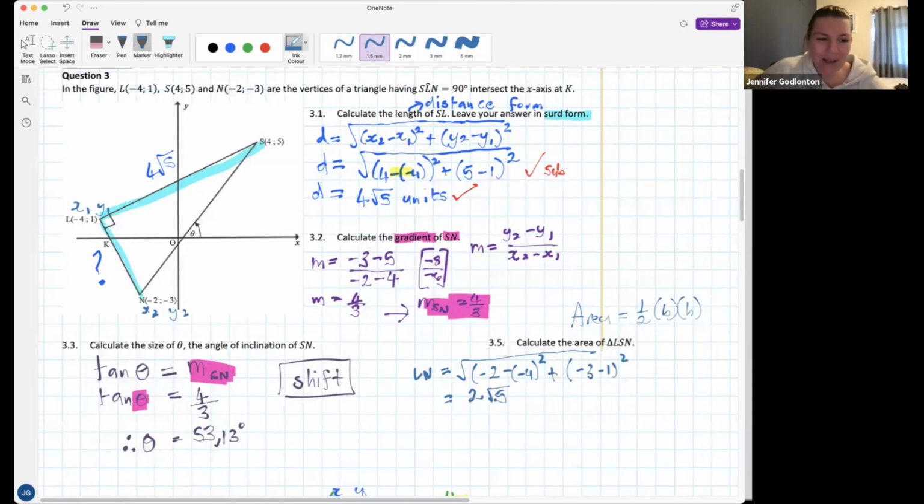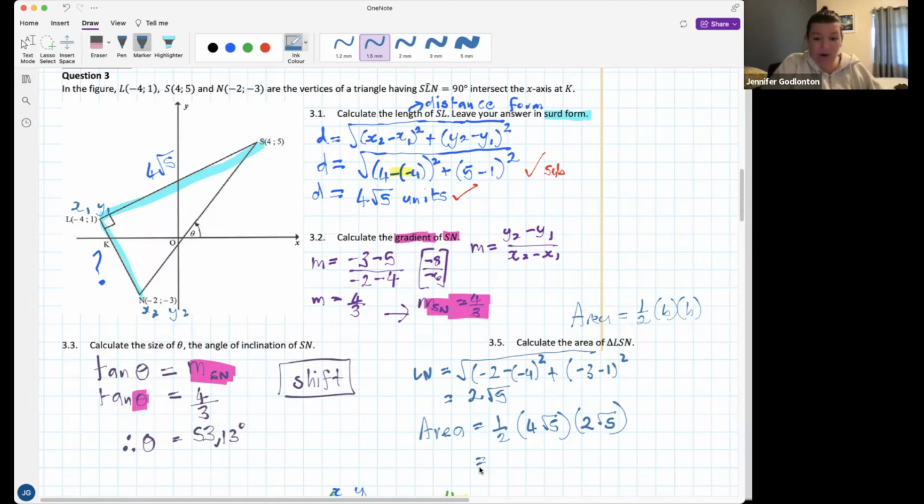Okay, so now we have Ln, which means we have our base and we have our height. So we can say, cool, that means our area is going to be equal to half of our base. So I'm going to use 4√5 times our height, which is 2√5. We're going to put that into the calculator exactly like you're seeing on the screen.